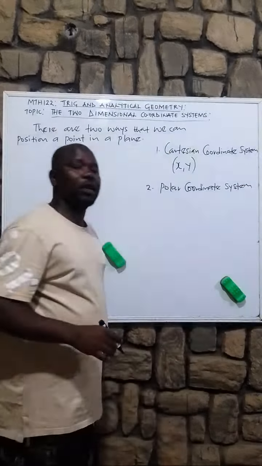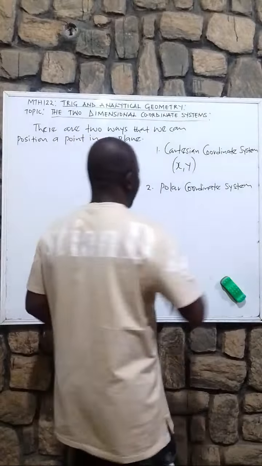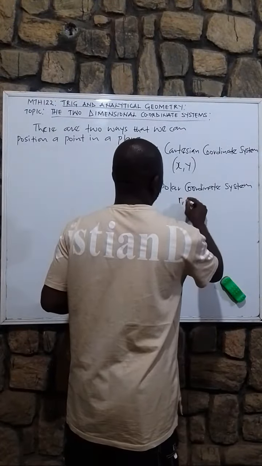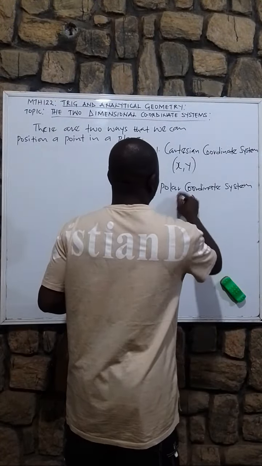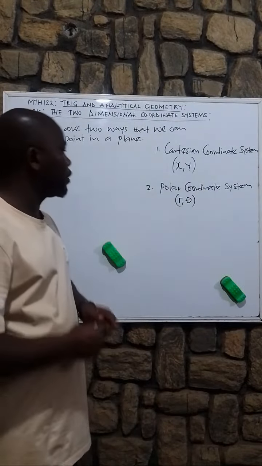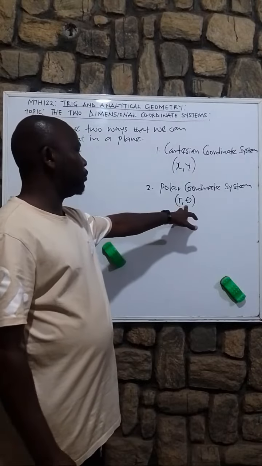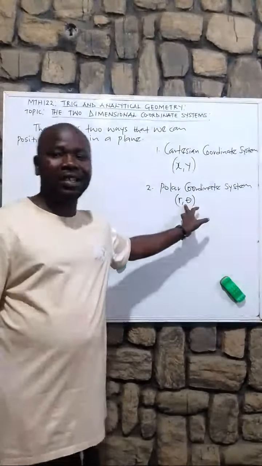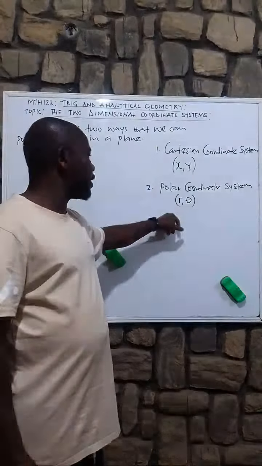It means we are talking about r, theta. Whenever you come across something of this form, note that it is in polar coordinate system.